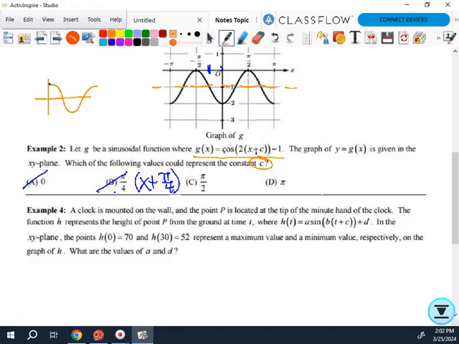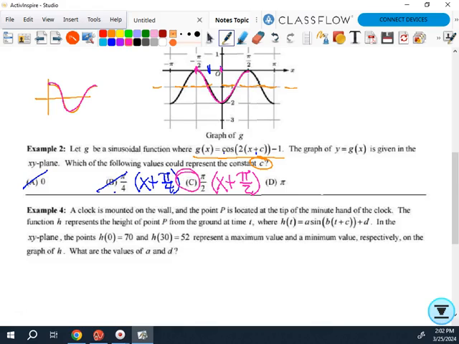So I'm going to start here. This would be x plus pi halves, which means I'm going to the left. I start here, go to the left pi halves. I'm touching my graph. That's something, but that's not everything. Once I'm touching the graph, if I then start to sketch it, it should look like this, and it does, so I think I like C.